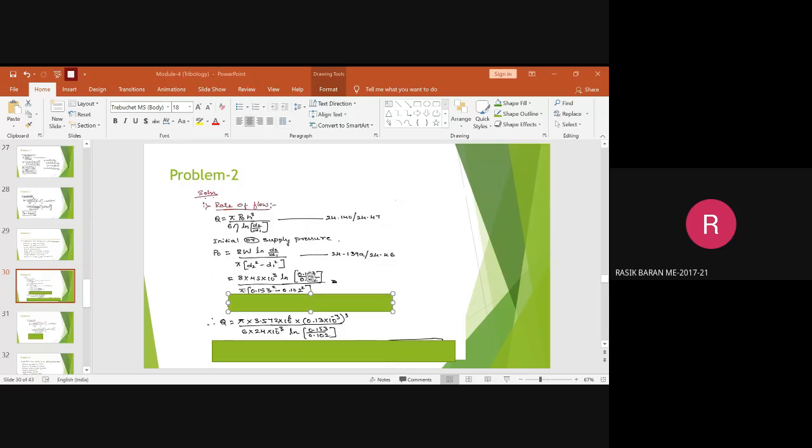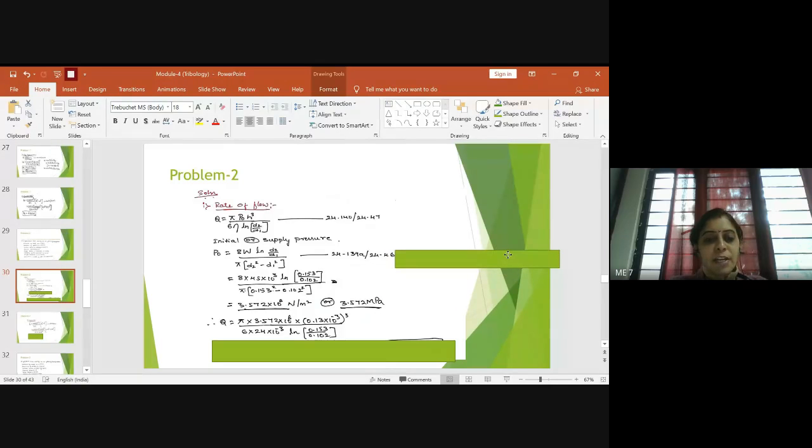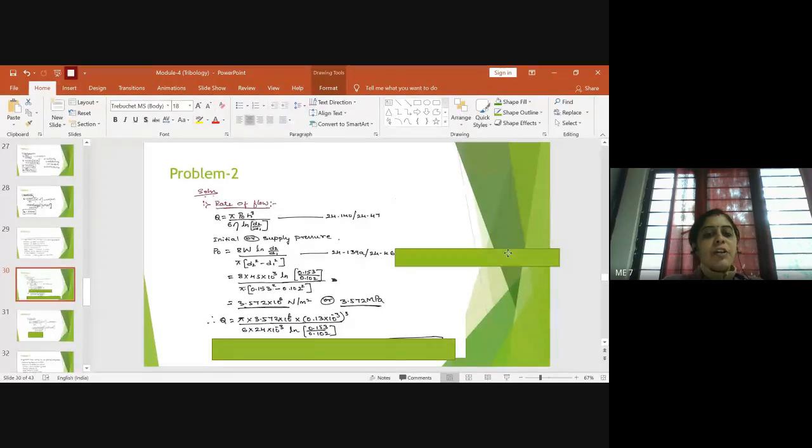Ma'am, 35.76 into 10 to the power 5, ma'am. Into 10 to the power of 5 you have kept. Usually you should not keep it in terms of 10 to the power of 5, because you should show it in megapascal or in Newton per meter square. So kindly type it as 3.572 into 10 raised to 6. Your answer is right, only one decimal you need to shift.